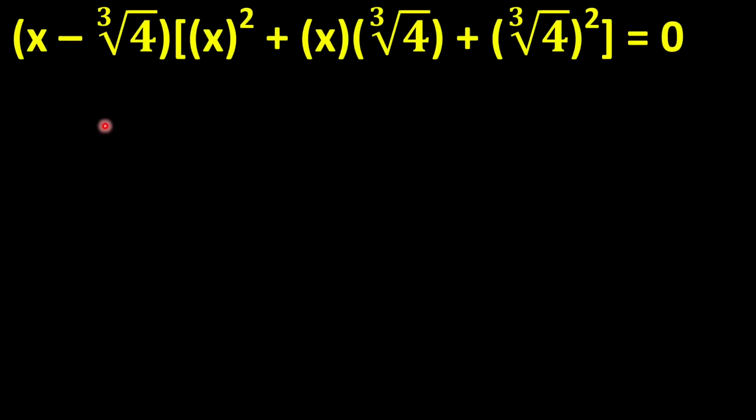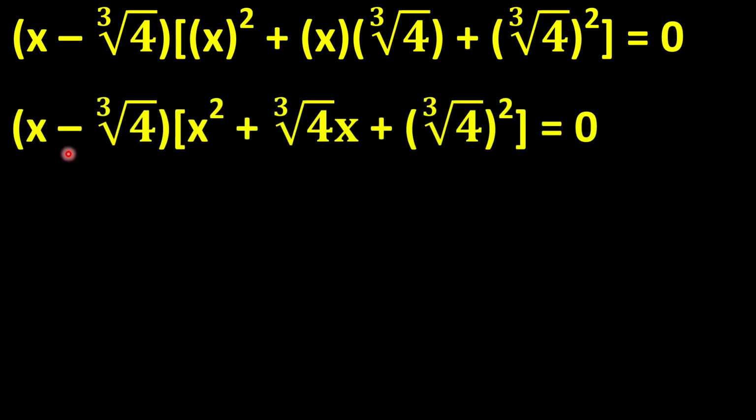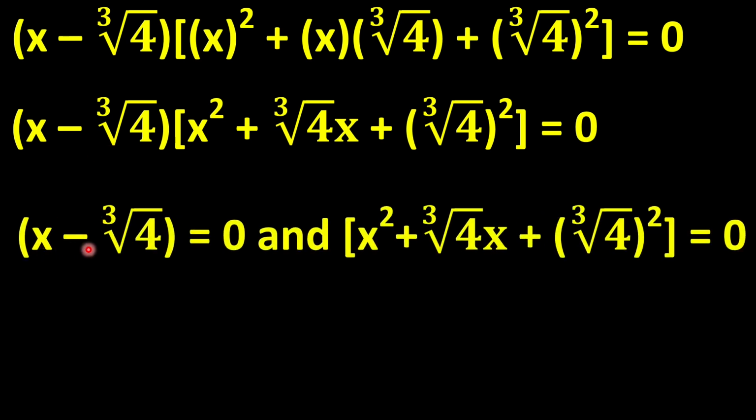And now we will compare these two factors. One is this and the other one is this. We will compare both of these with 0. So it will become x minus cube root of 4 equal to 0, and similarly x square plus cube root of 4 x plus (cube root of 4) square equal to 0.